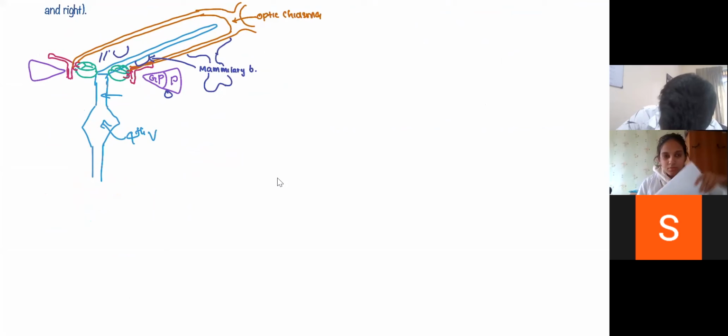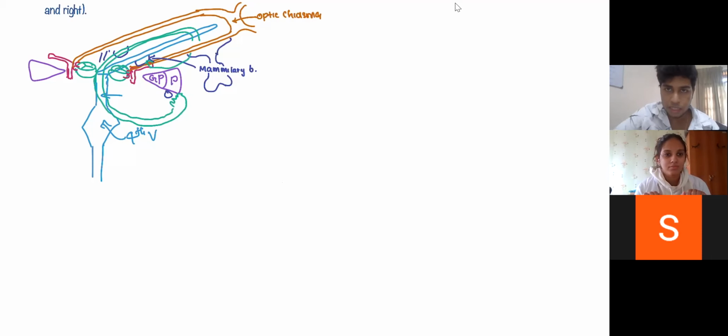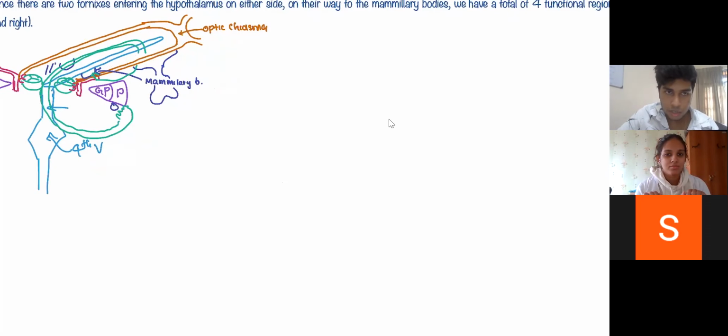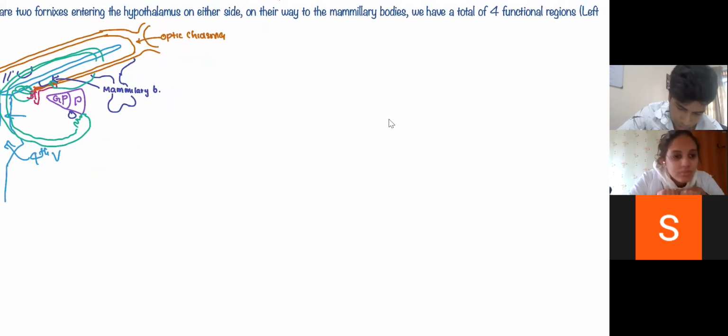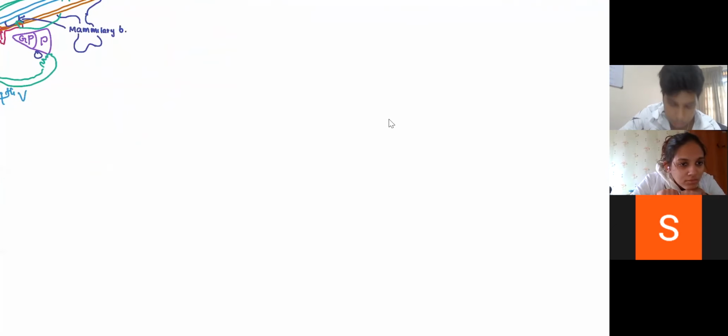And from there we have the hippocampus, which comes above as the fornix and penetrates the hypothalamus, and then it sends fibers to the mammillary bodies. We are going to draw this again. If not, you can ask me and I will go into more detail. That is a part of the limbic system.